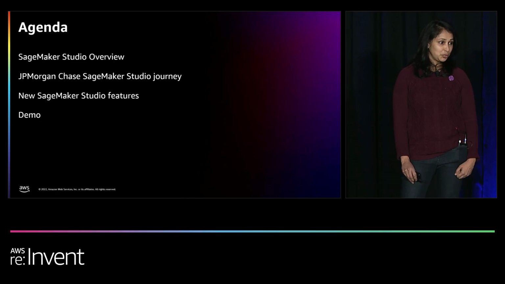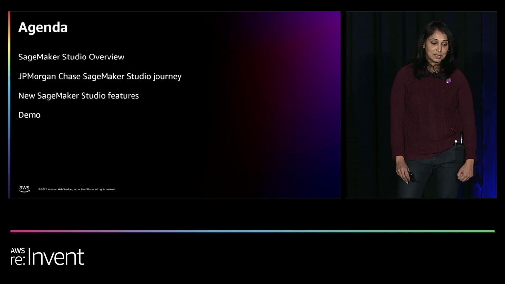So the tools that we use can often impact our output and our productivity a lot more than we realize. And in this session today, we're here to tell you how we're building purpose-built tools for you in SageMaker to make you much more productive and successful with your ML development. So in this session, we'll first give you an overview of why we built SageMaker Studio and how it can help you.